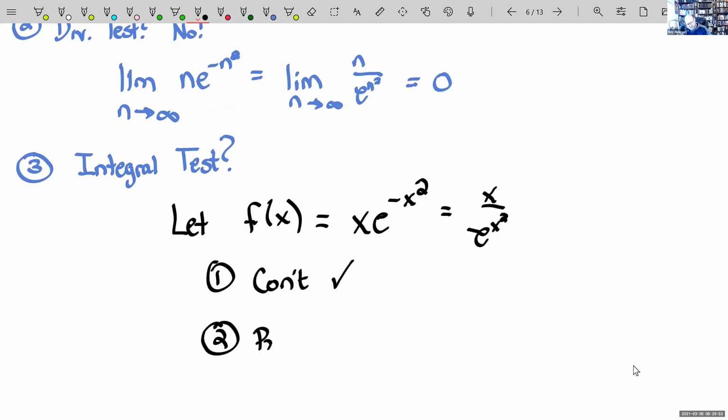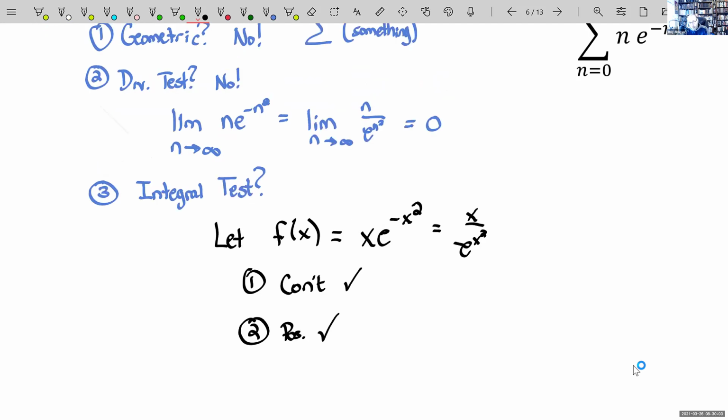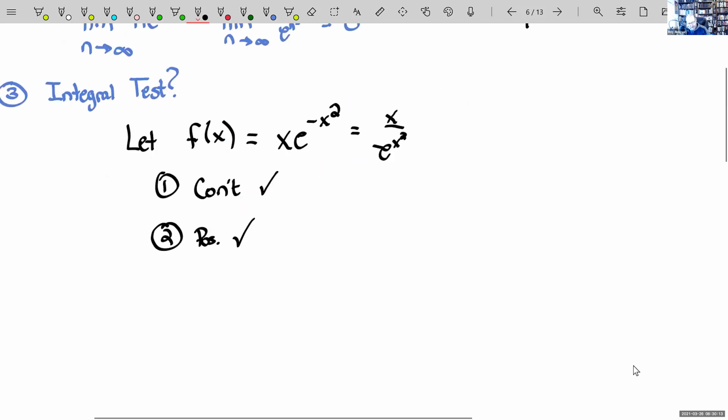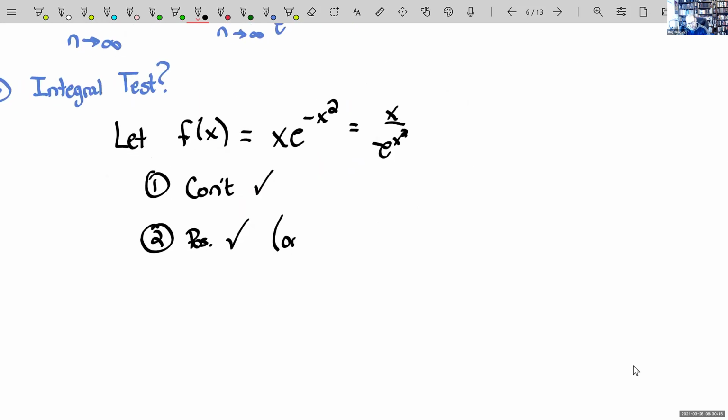Also, it's positive. Notice how quickly I say that. Is it positive everywhere? No. But is it positive over the region that we're concerned with? No, actually, it's not. Initially, it's 0, right? So with n equals 0, my function is 0 initially. So maybe I should say positive on 1 to infinity.